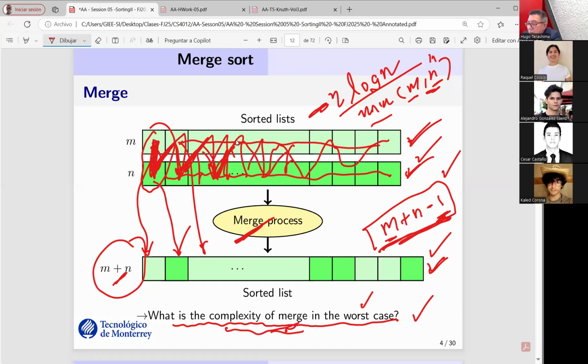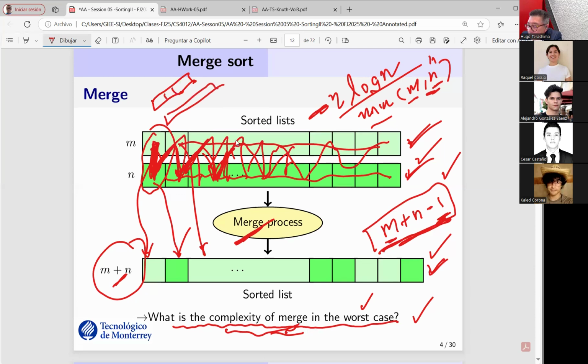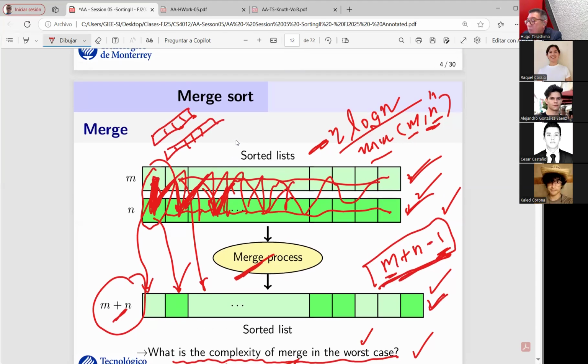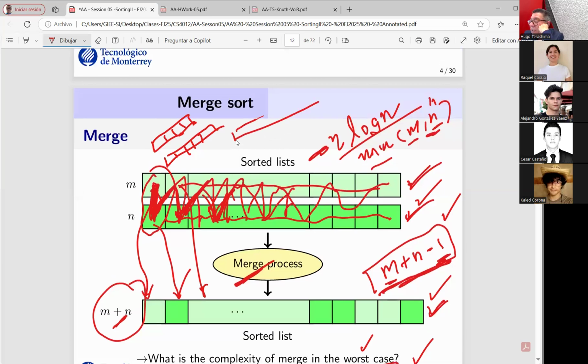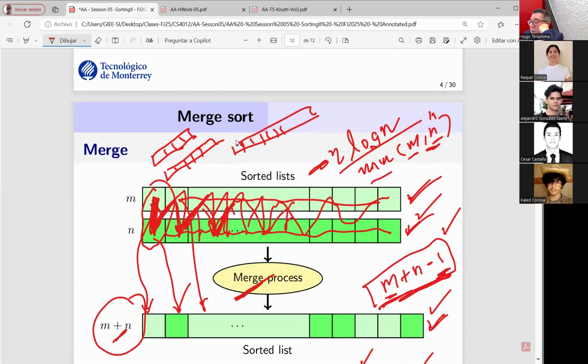Well, I will give you a shorter example here. Let us suppose you have 1, 2, 3, 4 and 1, 2, 3, 4, 5. And you say the resulting array is going to be what? 9, right? 4 and 5.